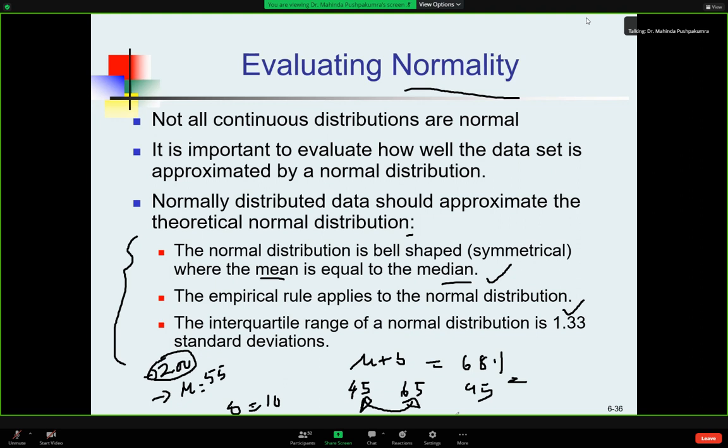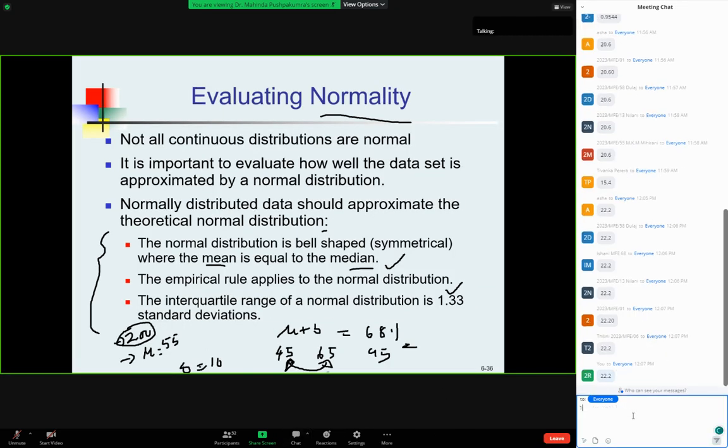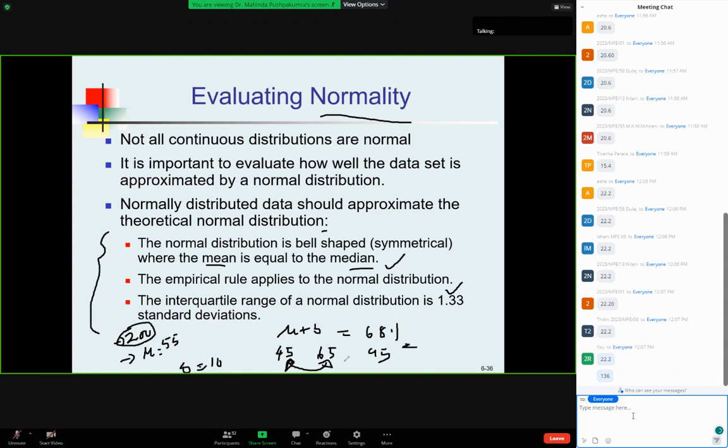Yes, any answer? How many observations should be within this range? Yes, 68.26% of the observations.